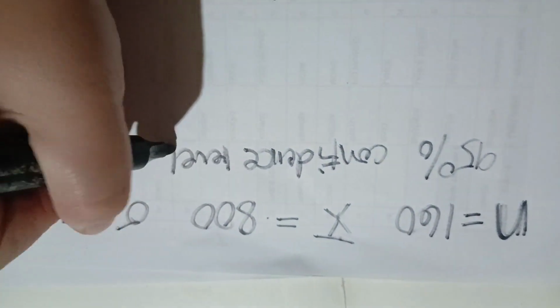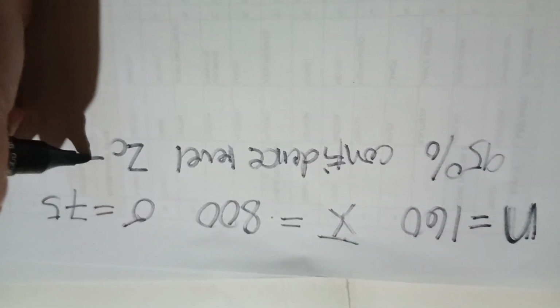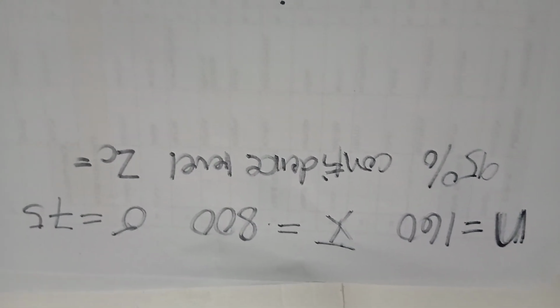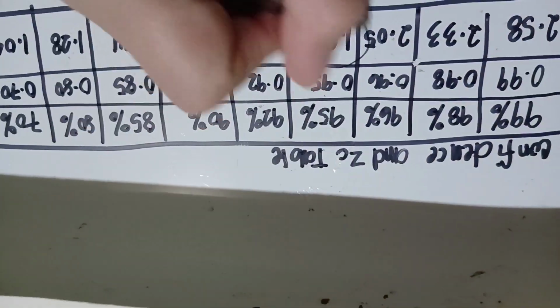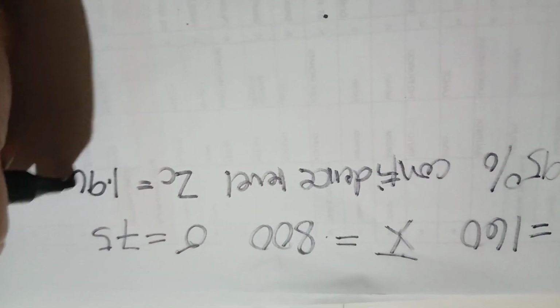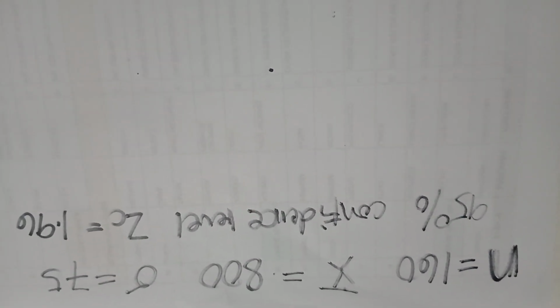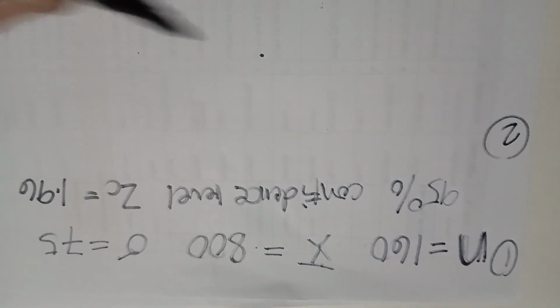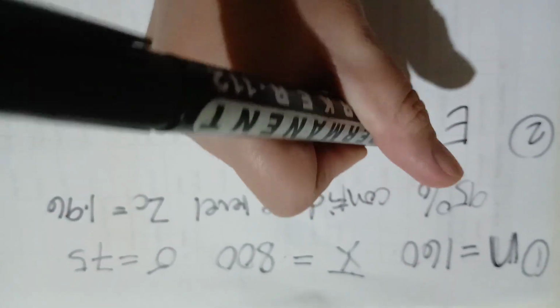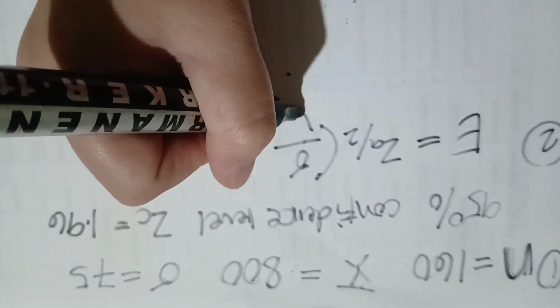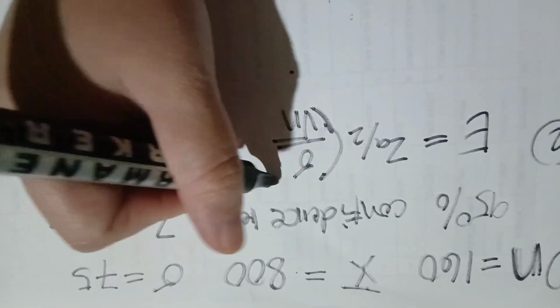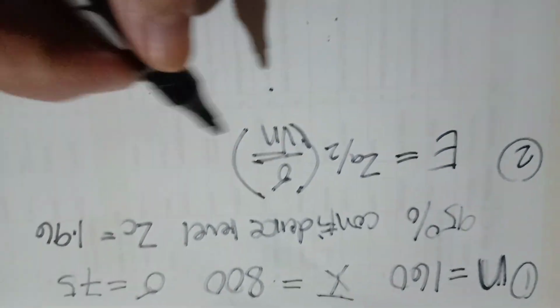So for the confidence level of 95%, in our table we have 1.96. So that is step 1. Step 2, we have to compute our margin of error. Same formula: the population standard deviation divided by the square root of the sample size.